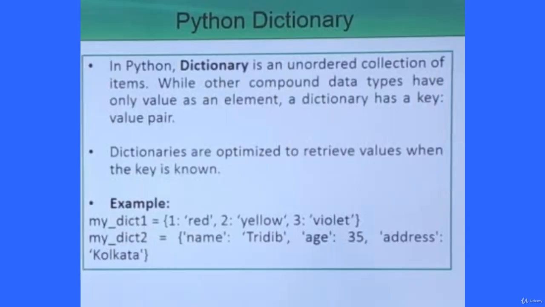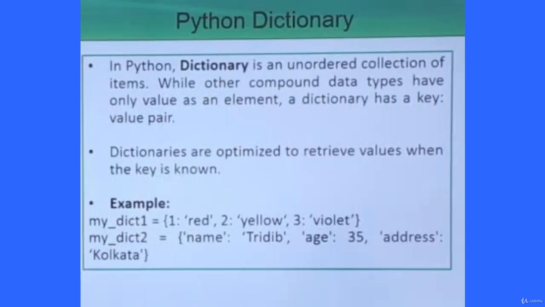What is 1? That is a key. What is the value? That is 'read'. Is 'read' a string? Yes, so it should be enclosed within single quotes. And this key value pair must be separated by a colon. Then a comma, and we have the second member, the third member, and so on. Each and every member is nothing but a key value pair.